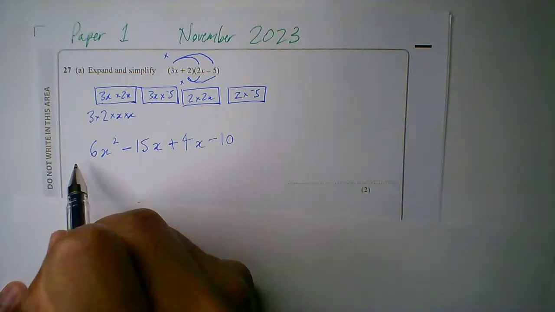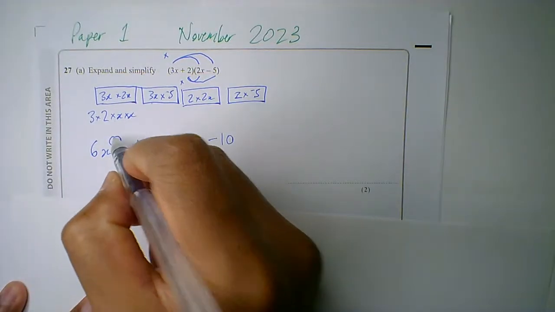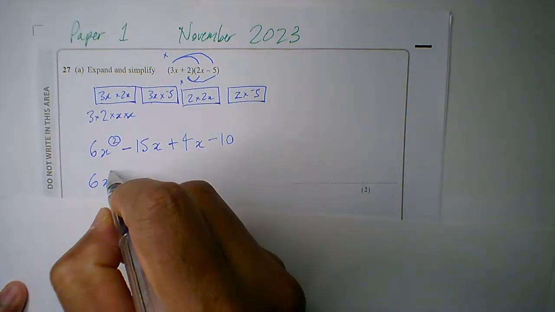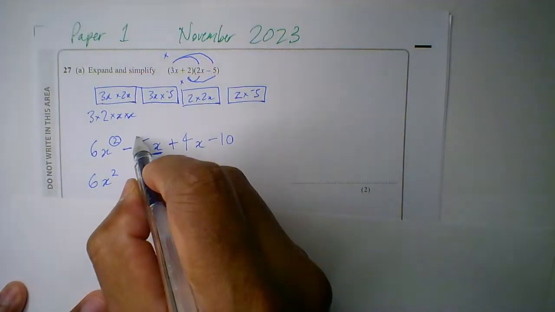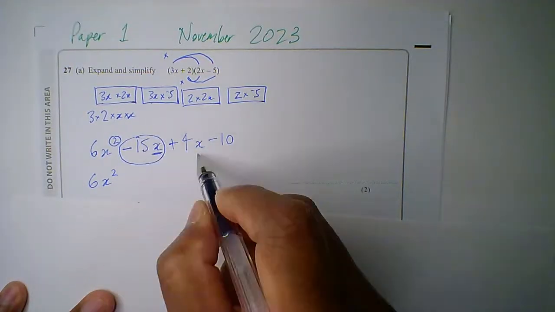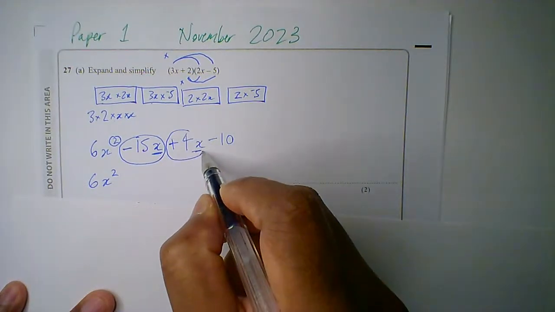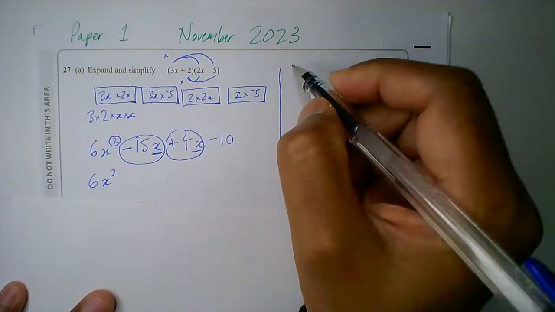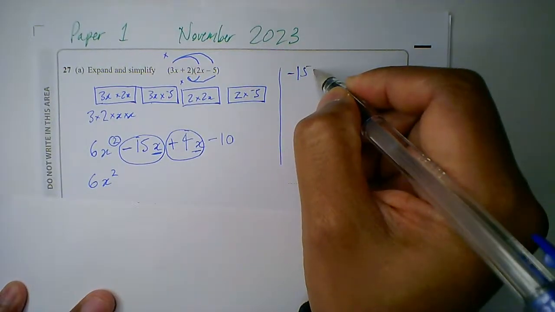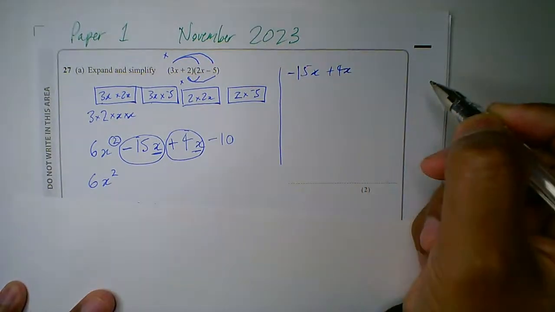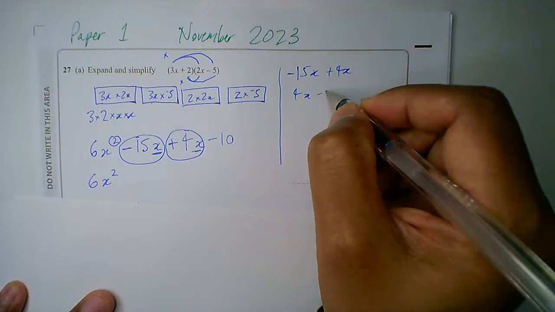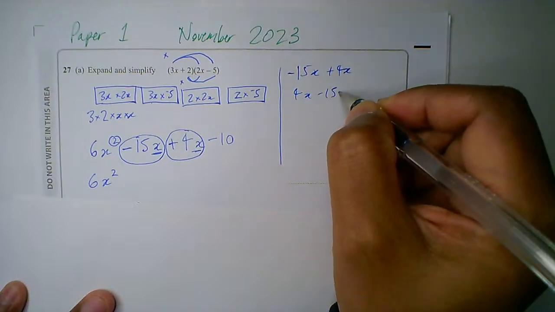And just like before, this is a squared term, so it stays as it is, 6x squared. This is an x term. This is an x term, so that's plus 4x. So again, I'm going to do minus 15x plus 4x. I'm going to do it the other way around because I find it easier.